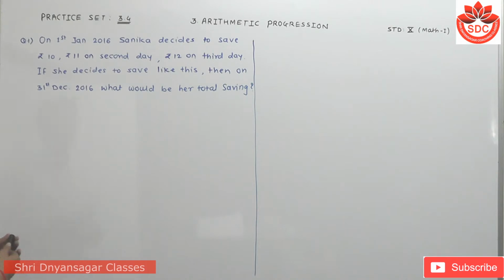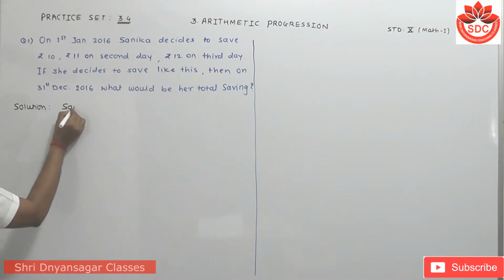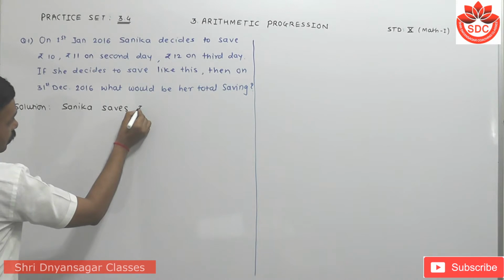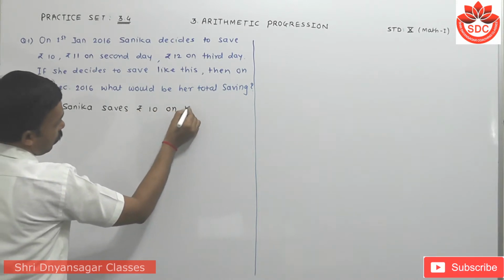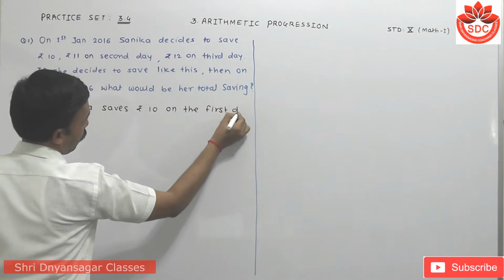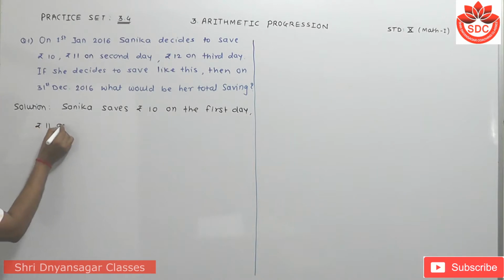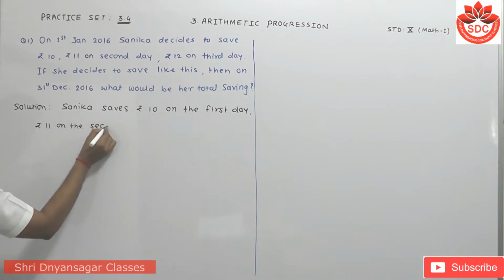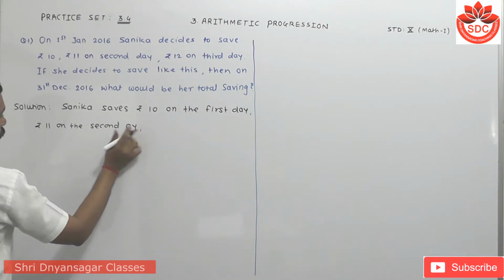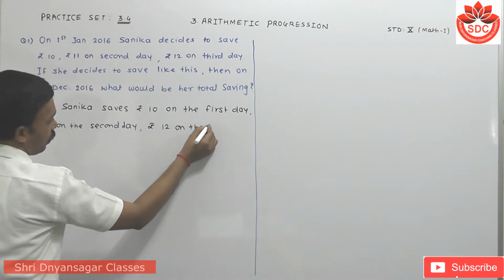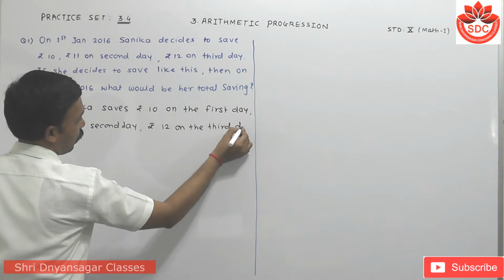Then how to solve it? Look carefully. Now the solution of this question: Sanika saves rupees 10 on the first day, rupees 11 on the second day, rupees 12 on the third day.